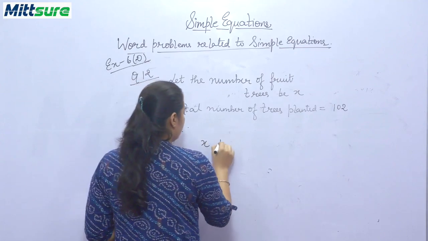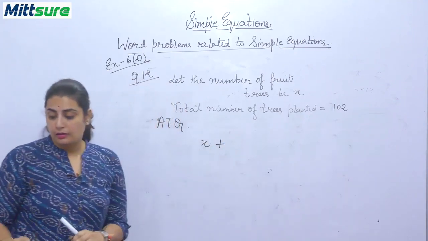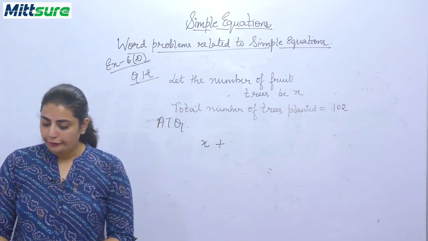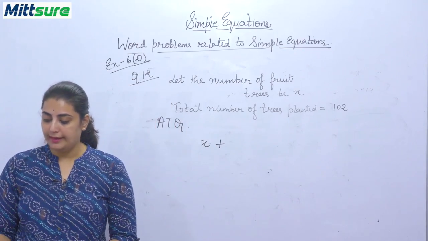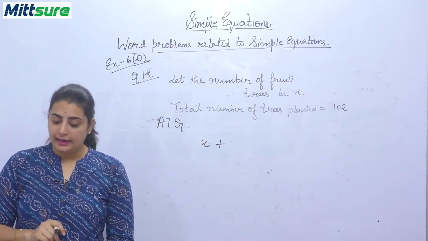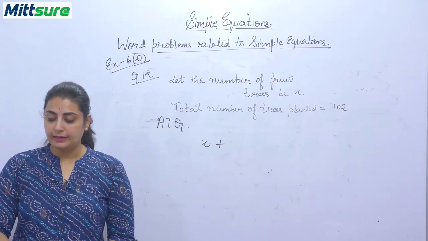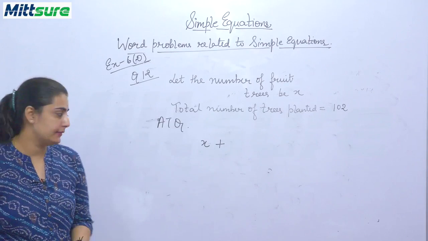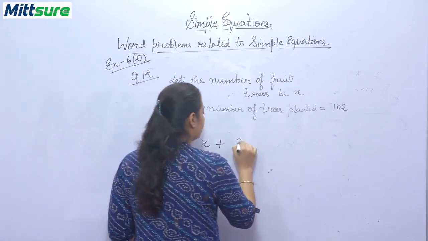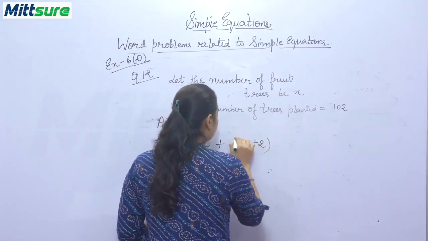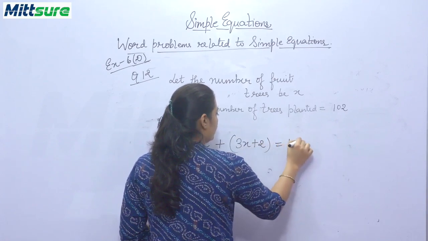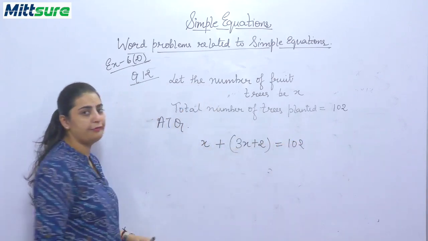So, x here, then plus. Now, what are the non-fruit trees? Were 2 more than 3 times the number of fruit trees. That is 3x plus 2. Now this was the total number of trees.